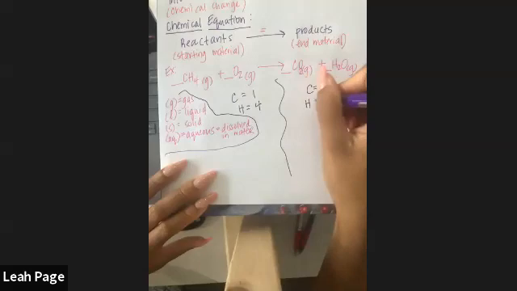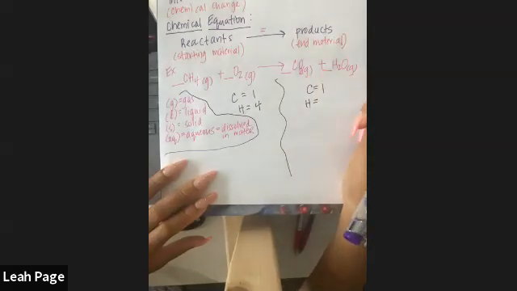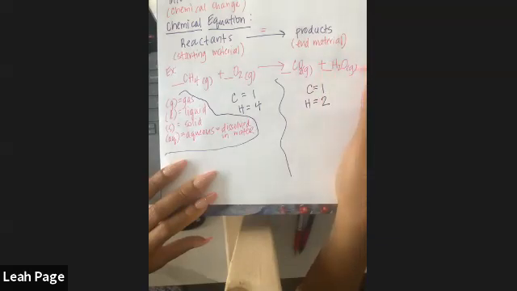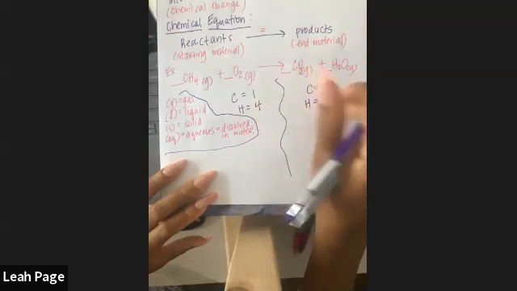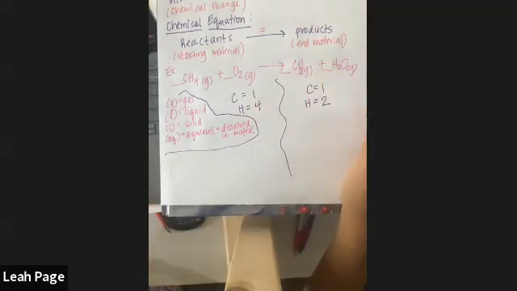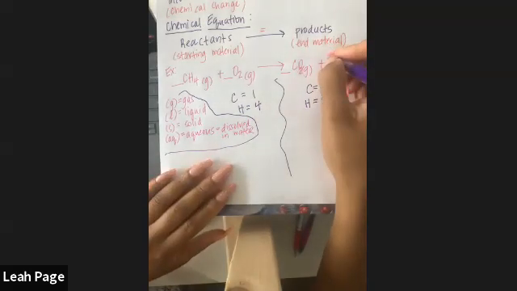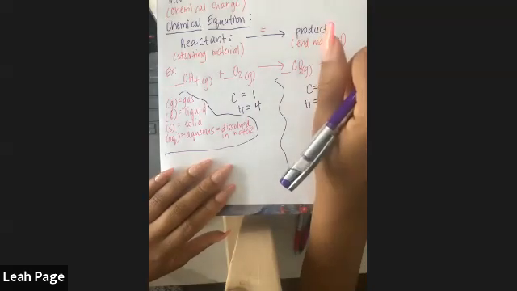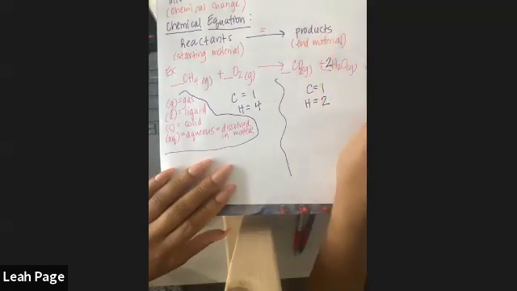But if I look on the product side, how many do I have? I only have 2. So these are not equal. I need to make them equal. To do so, I use a coefficient of 2, and I'm going to stick it here. And it's like I'm multiplying this water times 2. When I multiply this water times 2, I'm saying 2 times H2 as well as 2 times O.